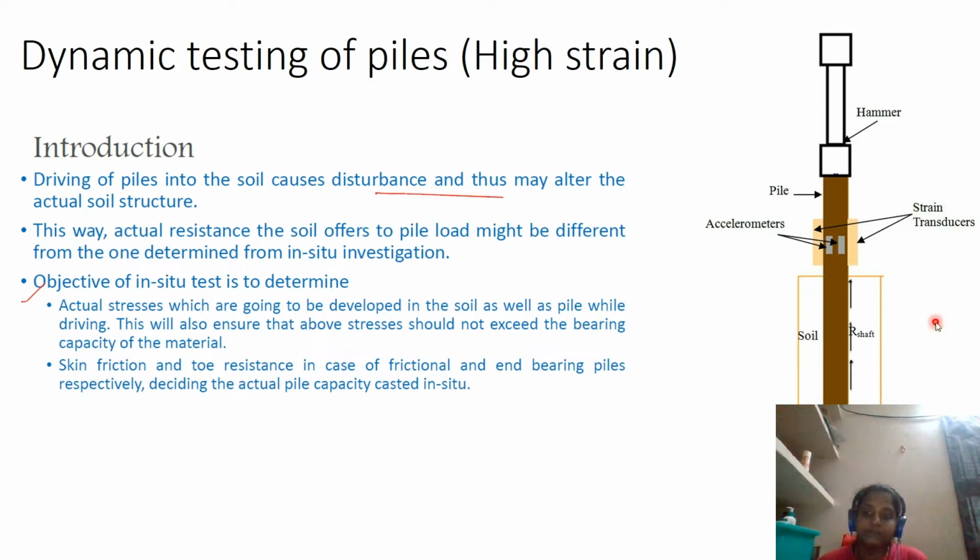That is, the pile is going to carry the load because of the resistance offered by the tip if it is an end bearing pile, and because of the resistance offered at the sides if it is a frictional pile. So we have to calculate both values in the in situ condition.